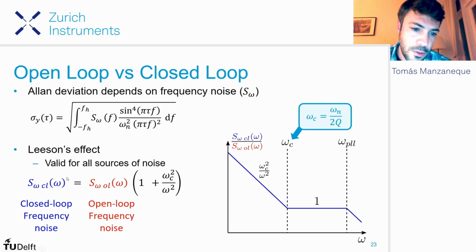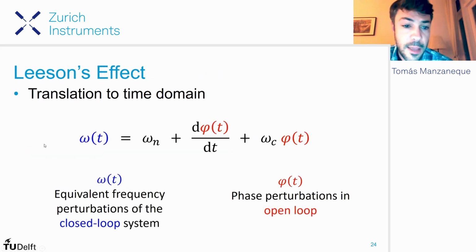Then in order to tackle this problem, what we did was to translate this expression into the time domain, undoing the Laplace transform or the Fourier transform. And we came out with this expression in which we can calculate the equivalent frequency perturbations of a resonator when it works in closed loop from the phase perturbations that we can measure just in open loop.